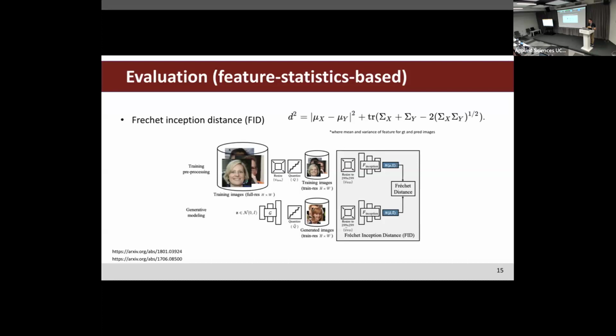Mm-hmm. And then when you write the product of two covariance matrices and take the square root, does it mean that your product is a positive definite matrix? How do you take the square root of this? Could you repeat the question? Well, you have the square root of the product of two matrices.